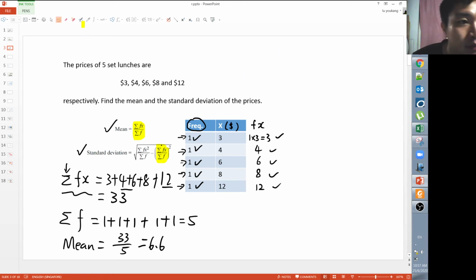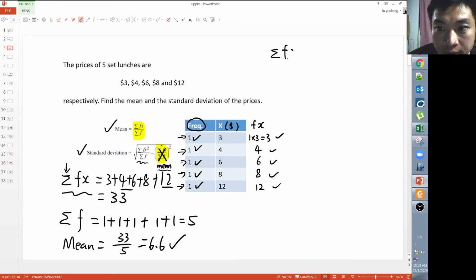What I can do is cross this out and replace it with the mean. In fact, I don't have to find the mean because I already found it here. So now your job is to find out what this is. So let's pick this out and write it here.